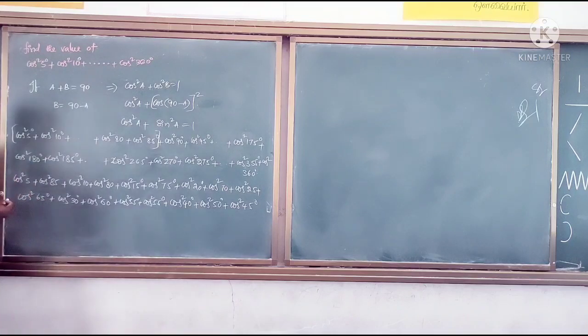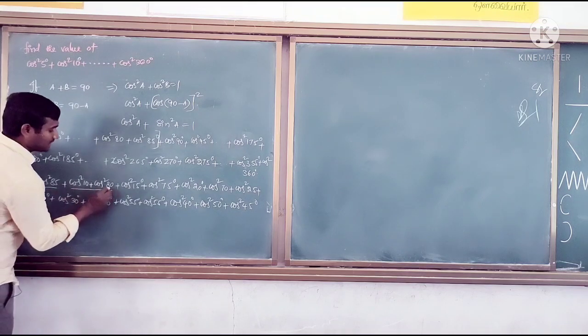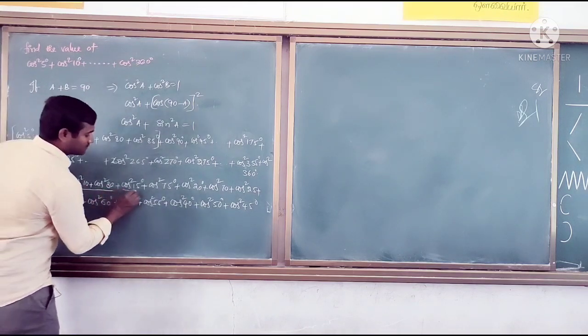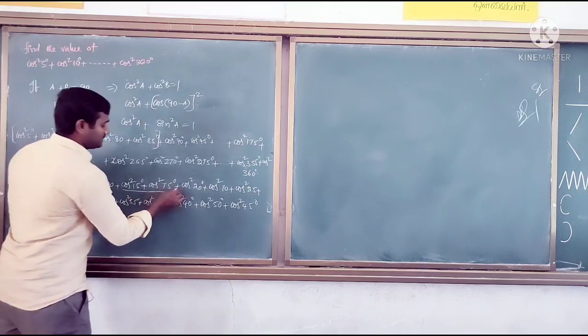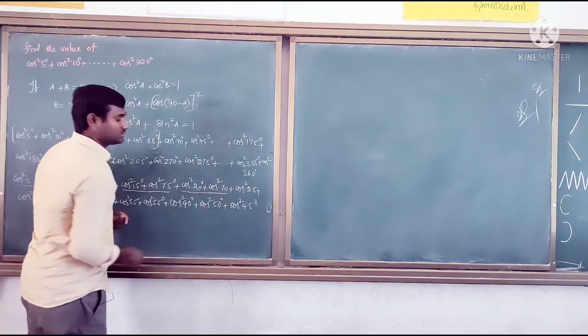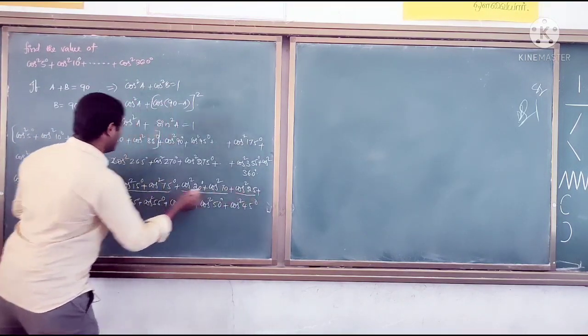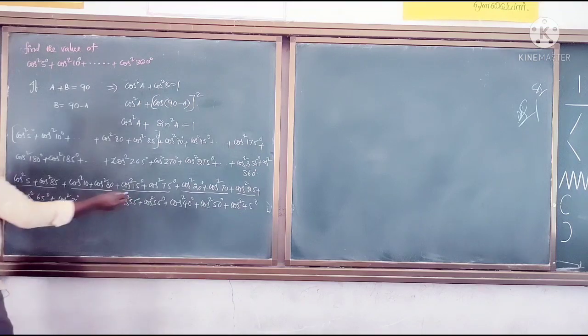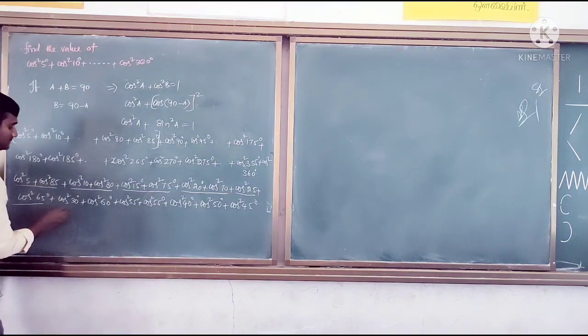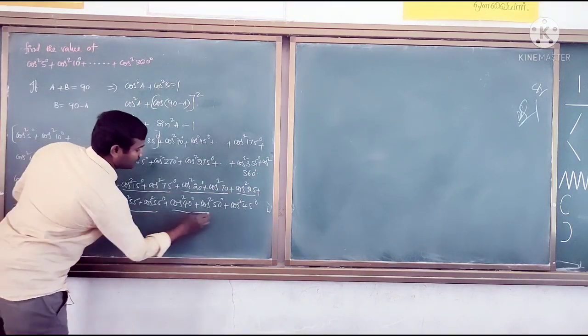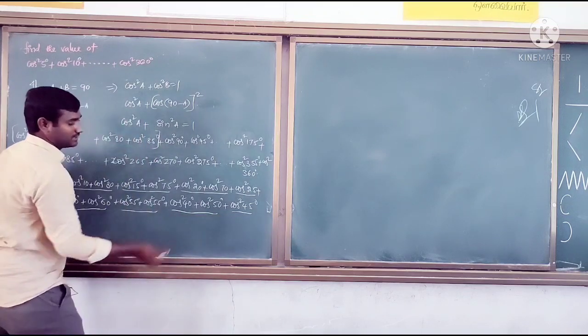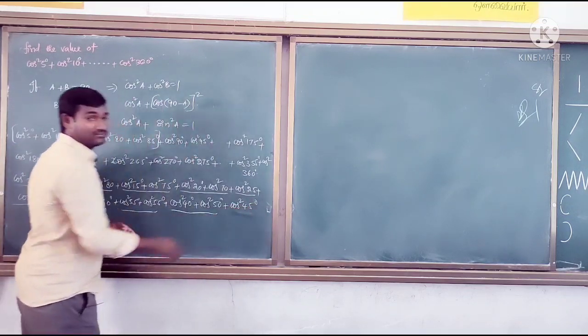Here I am pairing: cos square 5 and cos square 85 is one pair, cos square 10 and cos square 80, cos square 15 and cos square 75, cos square 20 and cos square 70, cos square 25 and cos square 65, and so on. Making pairs like this, one single term is left over.